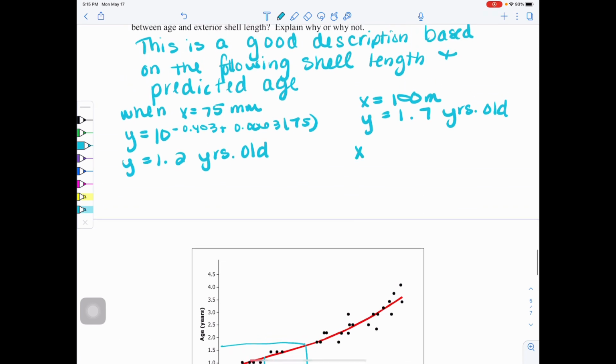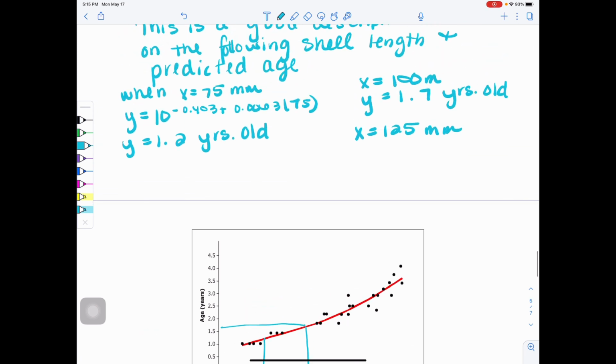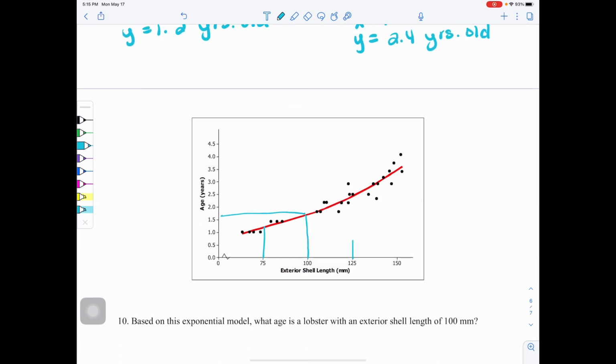I also did 125. And if you go down, you can see why I'm picking those numbers. That's what the x values are going by. So I picked 125. I plugged it into the equation and into my calculator, and I got 2.4 years old. If I follow up 125 and follow it over, I'm just below 2.5 at 2.4.